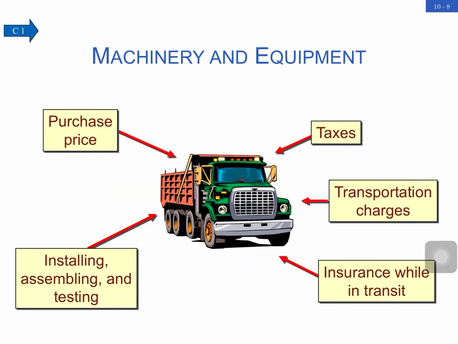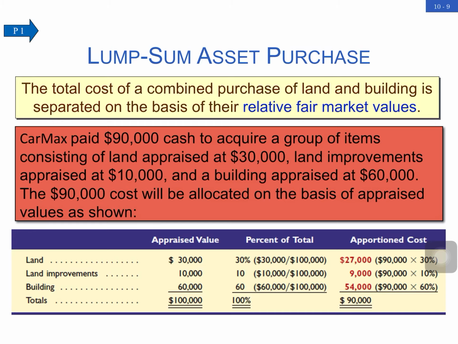And then machinery and equipment: purchase price, installing, assembling, and testing, taxes, transportation charges, and insurance.